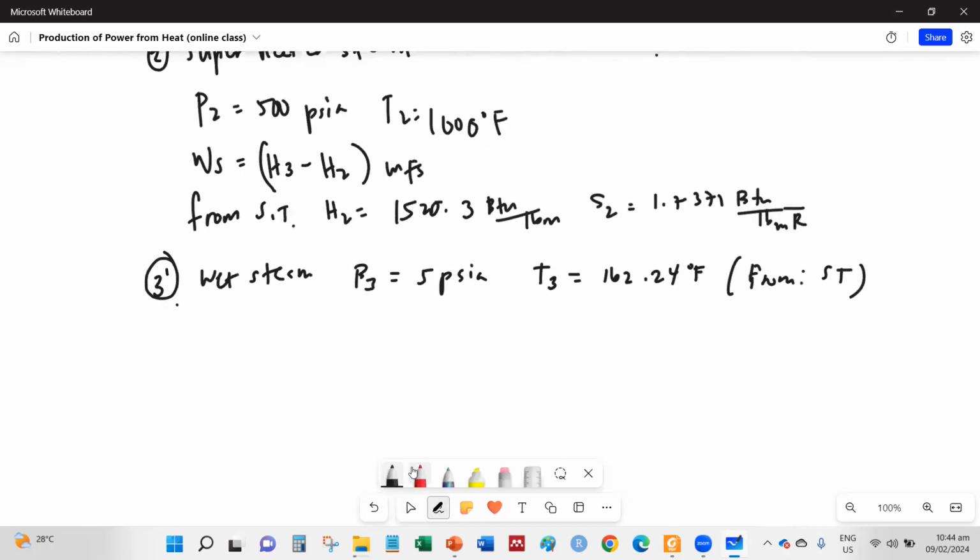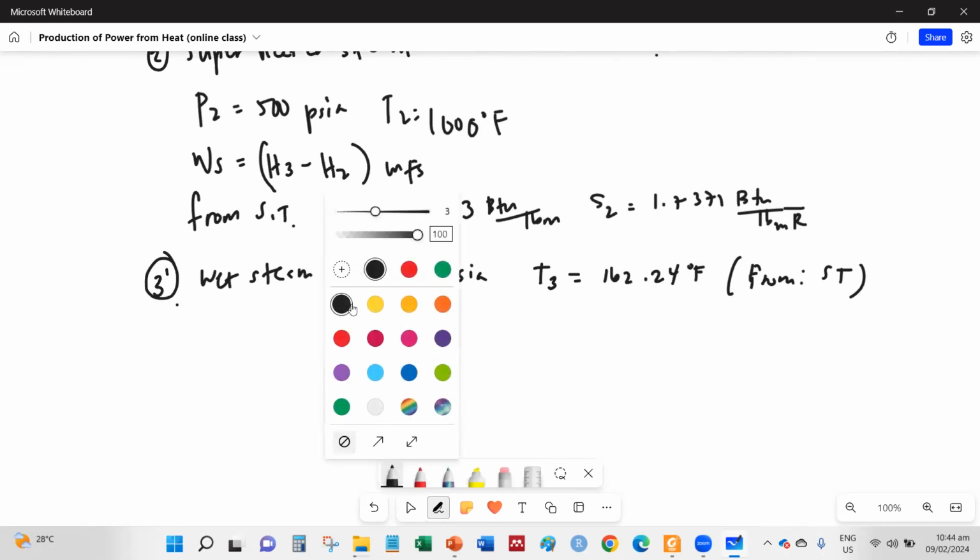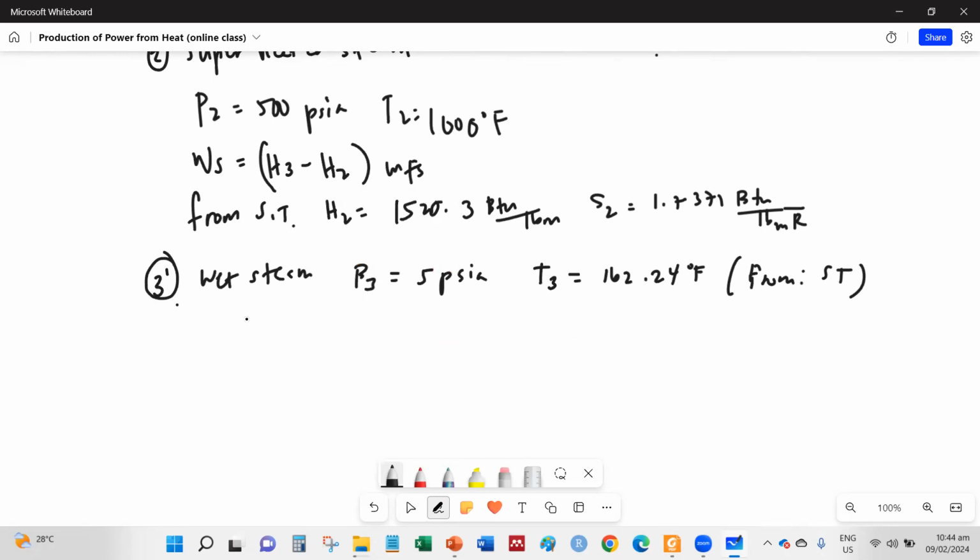Therefore, S3 prime is equal to the value right here, what we read from the steam table.